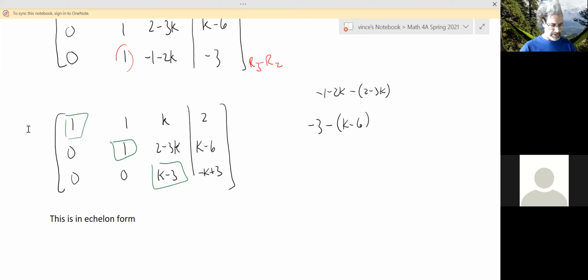Tell me a value of k that makes this interesting. How many free variables do I have in this problem?